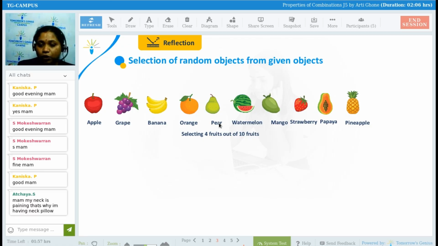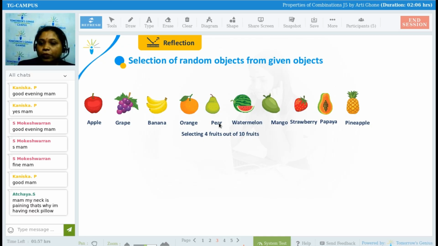Just understand the concern, because whenever you have a question, you have to judge whether it goes in permutations or combinations. Now we are selecting random things, which don't concern arrangements. Clear? There is no arrangement, there is only selection. So we can say this is particularly a question of combinations.